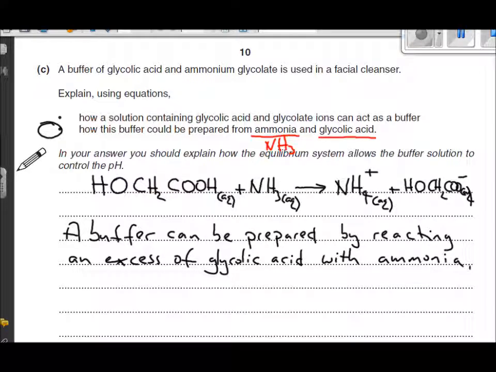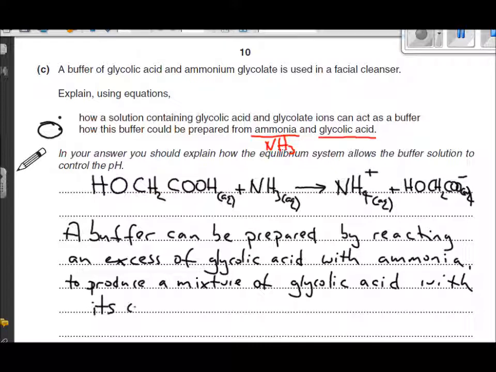Because we've added an excess of glycolic acid, we will produce a mixture of the weak acid, glycolic acid, because we added excess, we still have some remaining, with its conjugate base, which in this case is ammonium glycolate.